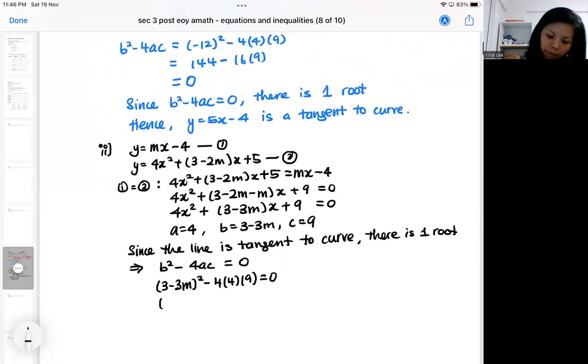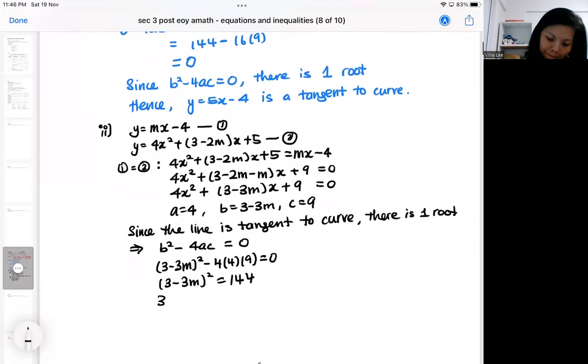And then you solve. You solve for 2 values of m, and one of the values should be the previous value.